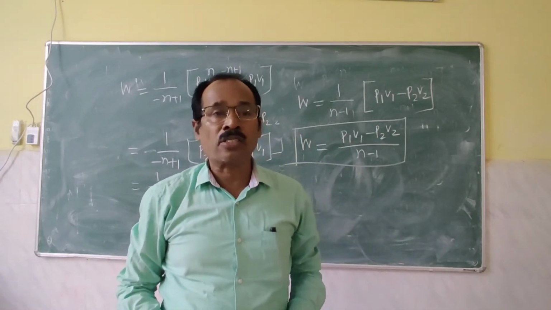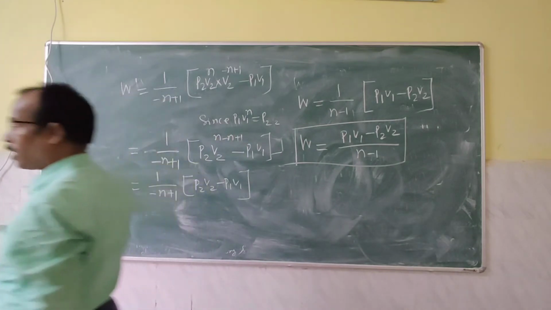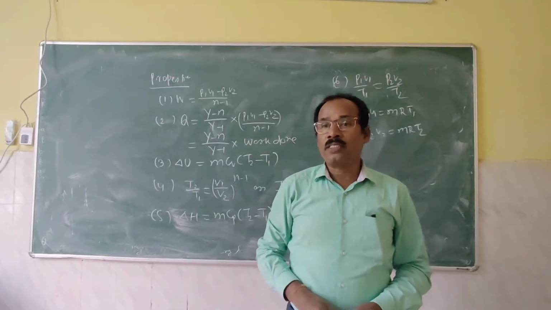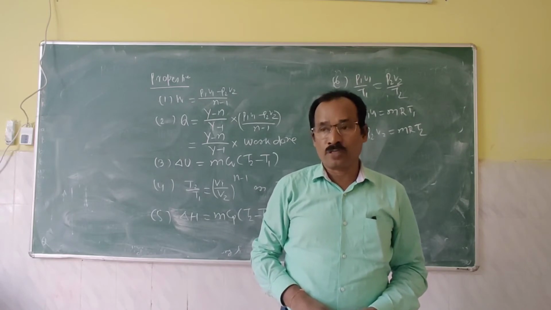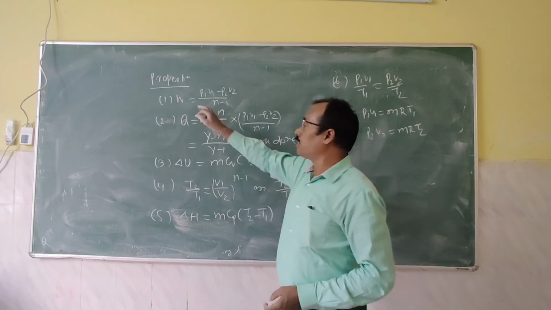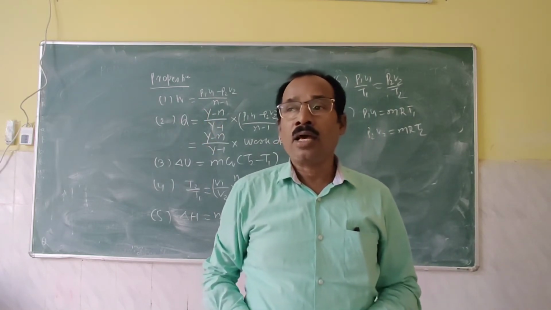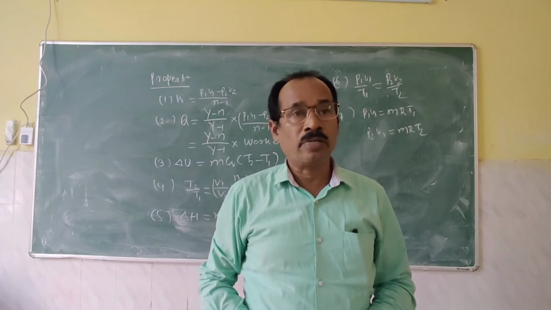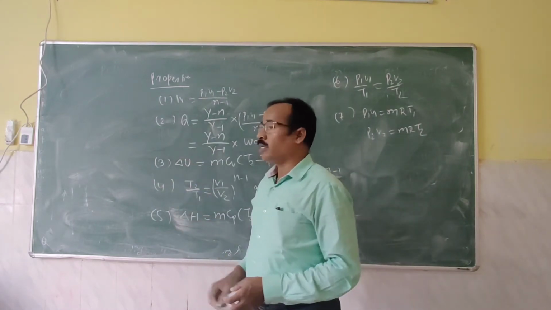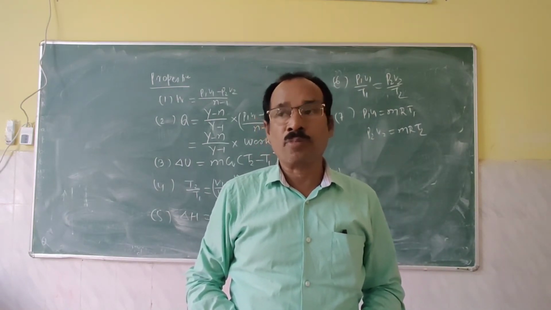Now I will discuss what are the properties of polytropic process. First one is W, that is work done, is equal to P1 V1 minus P2 V2 divided by n minus 1. Second point, total heat transfer during polytropic process.